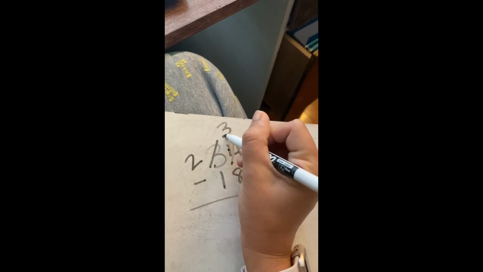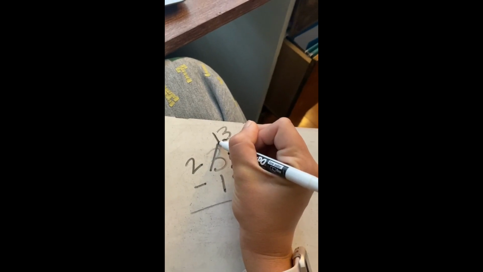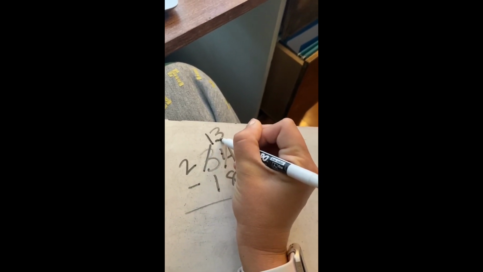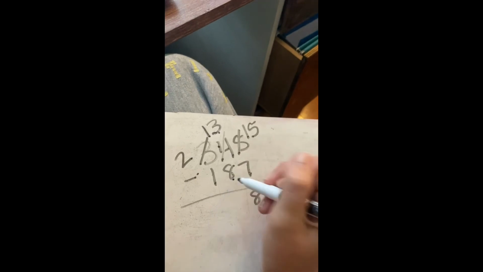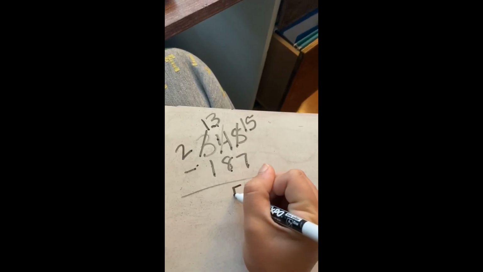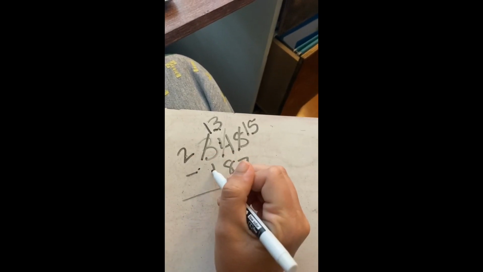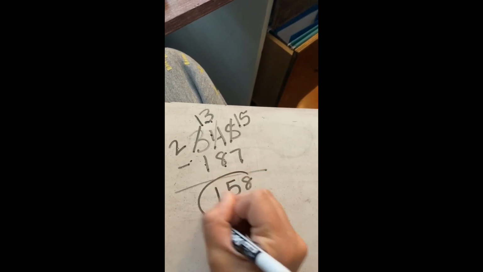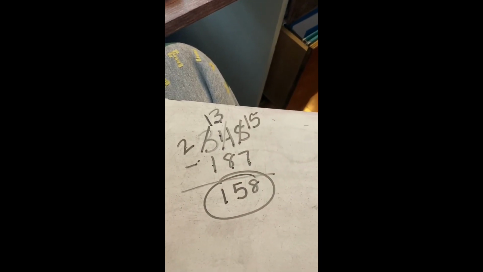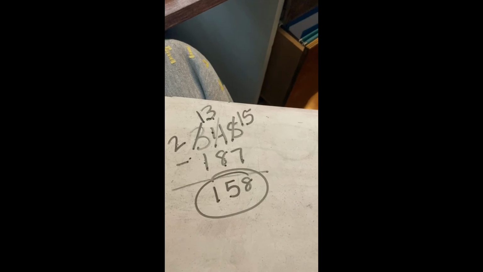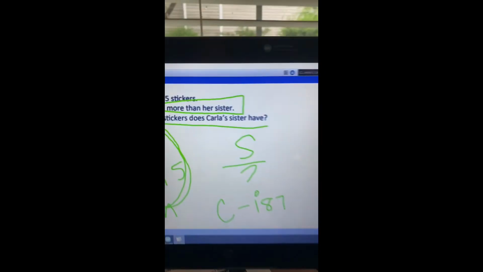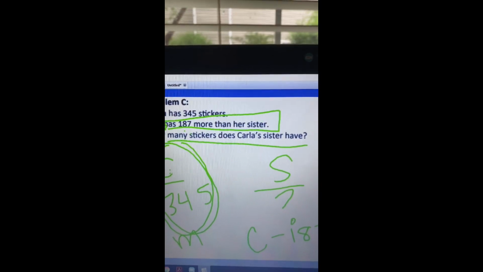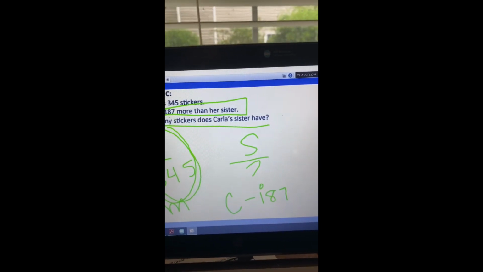So 10 tens plus 3 tens makes 13 tens. 13 minus 8 is 5. 2 hundreds minus 1 hundred is 1. So the correct answer is 158 stickers. That is how many stickers Carla's sister has.